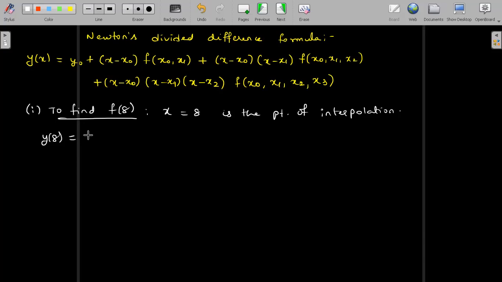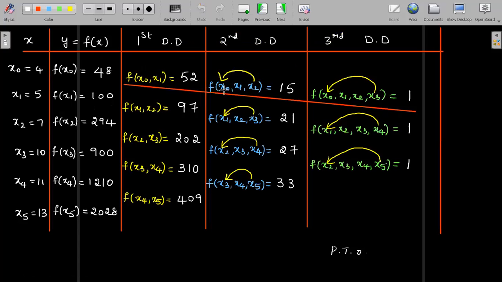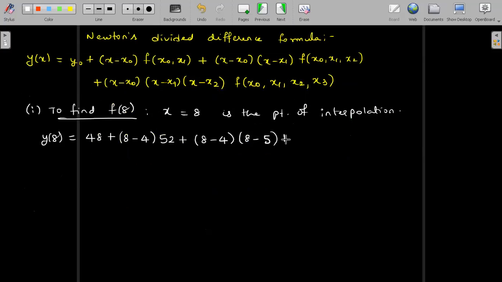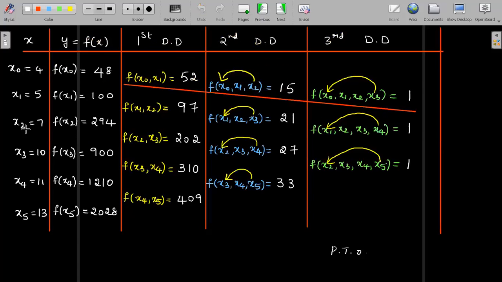Y naught, which is 48, plus x minus x naught. x is 8, so 8 minus 4, x naught is 4, multiplied by f of x naught, x1, which is 52, plus 8 minus 4 into 8 minus x1. x1 is 5, multiplied by f of x naught, x1, x2, which is 15, plus 8 minus 4 into 8 minus 5 into 8 minus x2. x2 is 7, multiplied with this f value, which is 1.